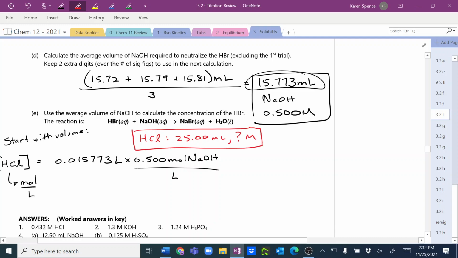Now I have room. So now we have moles of NaOH. Second step is always to convert to the moles of the other substance, and it's 1 mole of HCl for every 1 mole of NaOH.